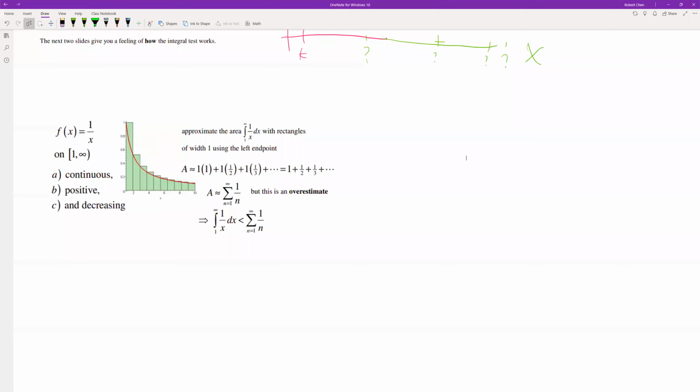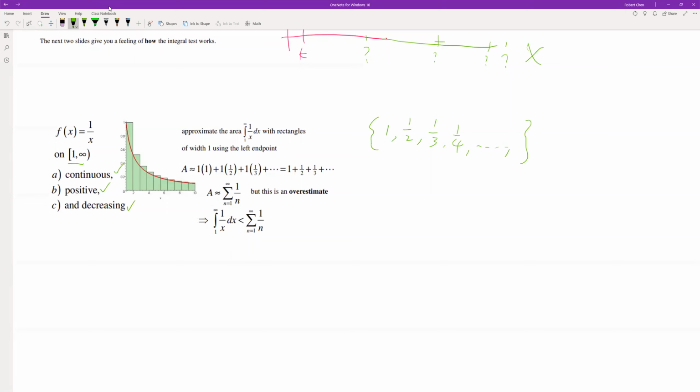So here we have our first function, which is 1 over x. Keep in mind that this represents a sequence. If we write out the sequence, that will be 1 over 1, 1 over 2, 1 over 3, and 1 over 4, and so on, to infinity. Now, from 1 to infinity, we know it's continuous, it's positive, and it's decreasing.